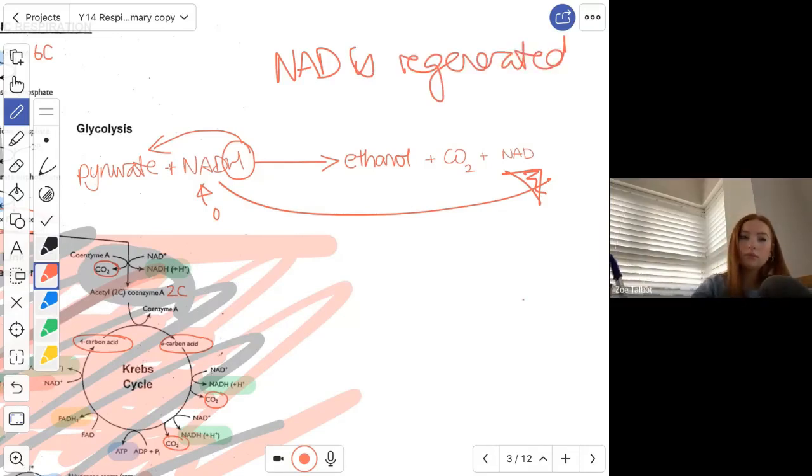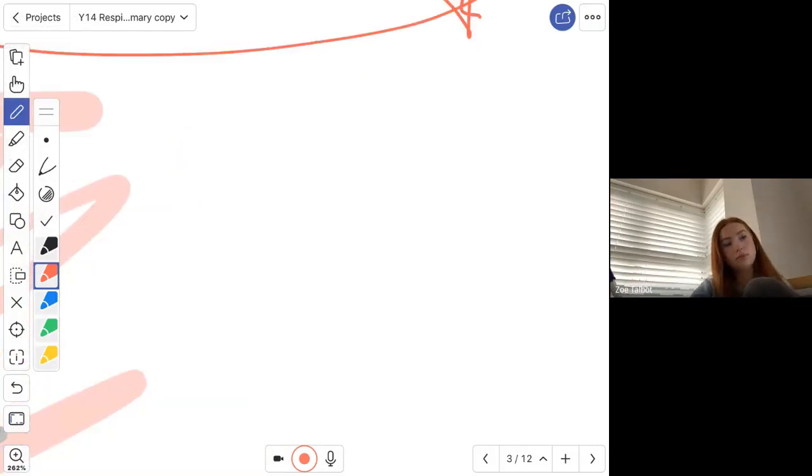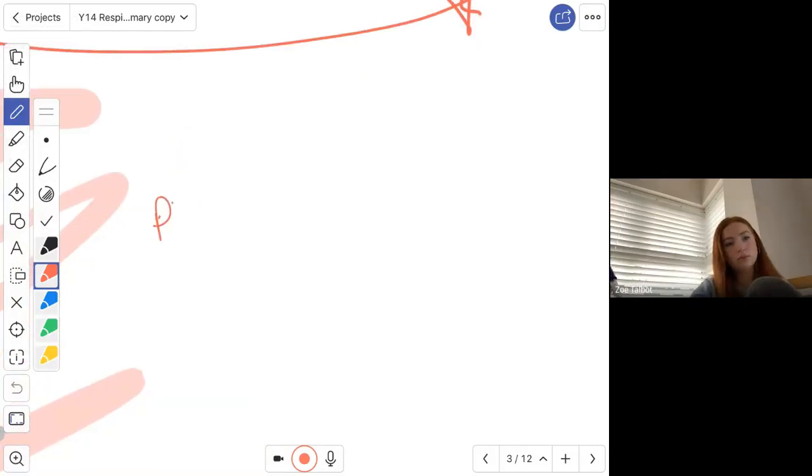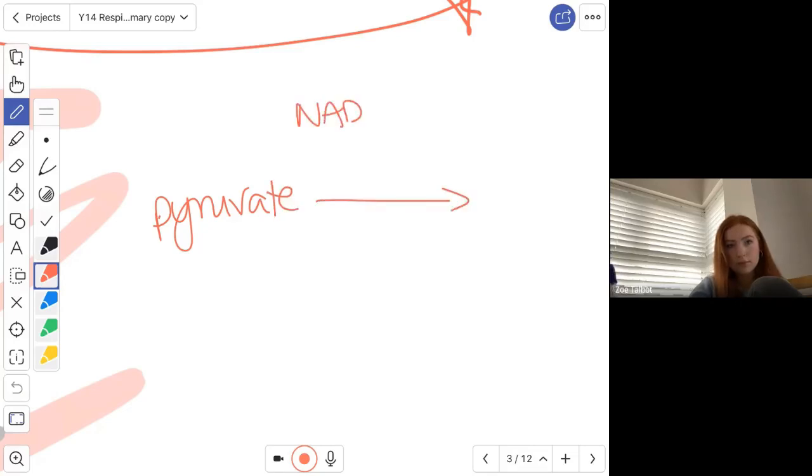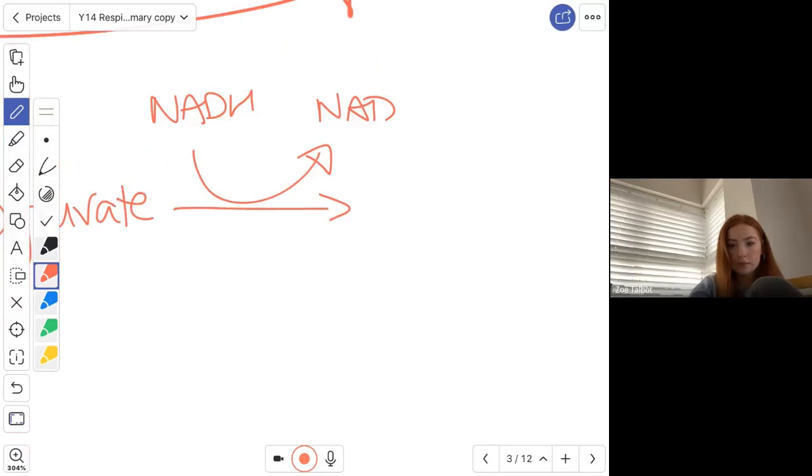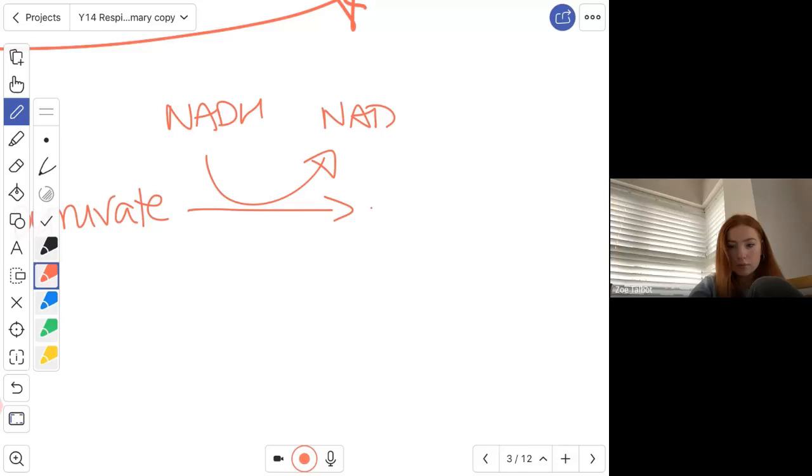Another way of writing it. So the NAD has been regenerated. Pyruvate gets reduced and becomes ethanol, and a molecule of carbon dioxide is released.